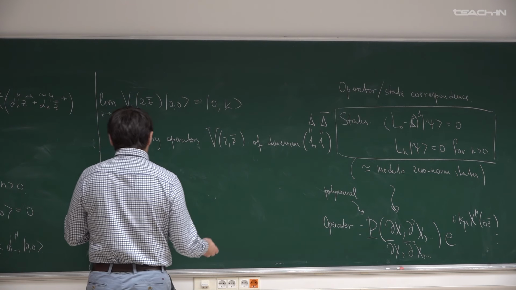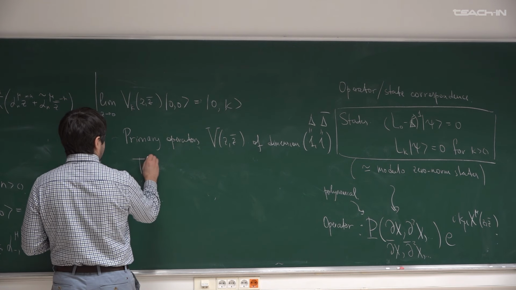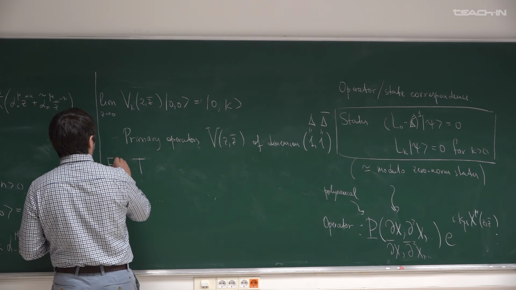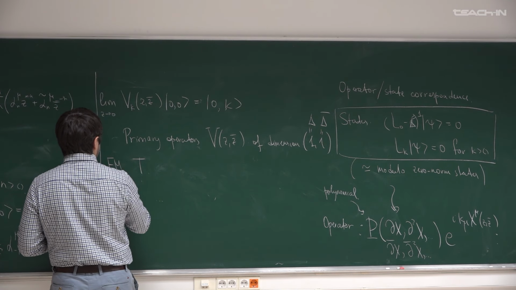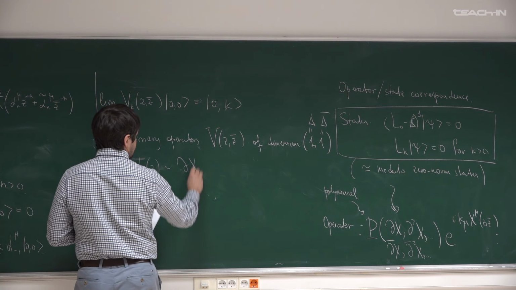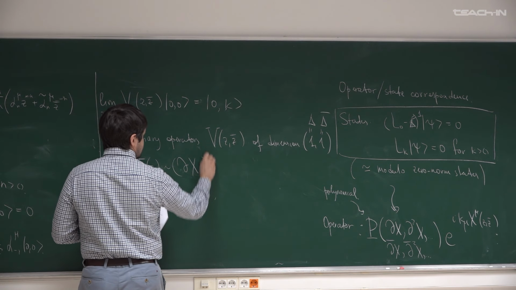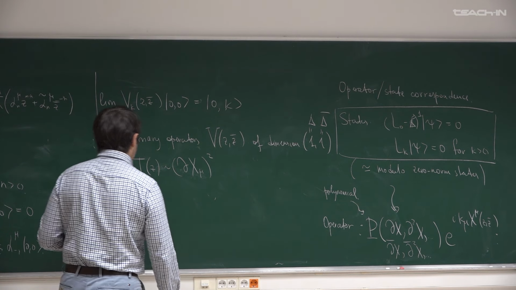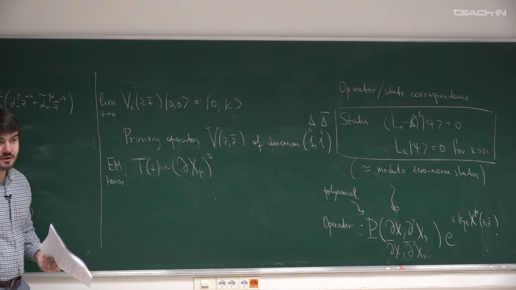Alternatively, what does that mean? That means that you have an energy momentum tensor, T of z, which in our case is just dx mu squared. And the OPE of the energy momentum tensor with your vertex operator has the prescribed form.